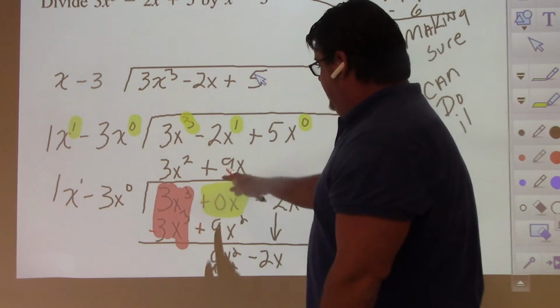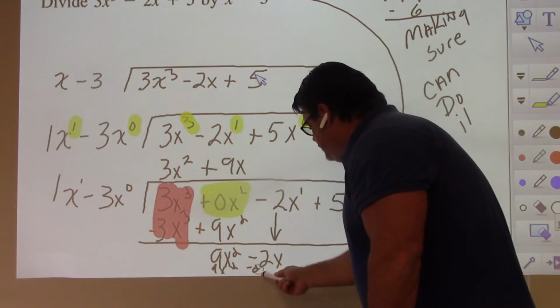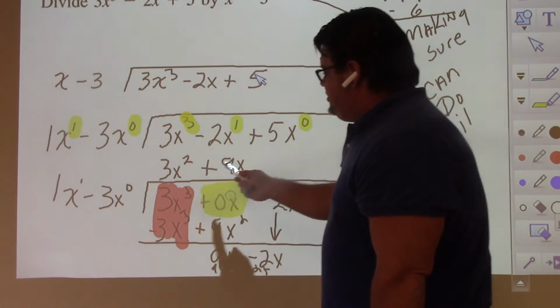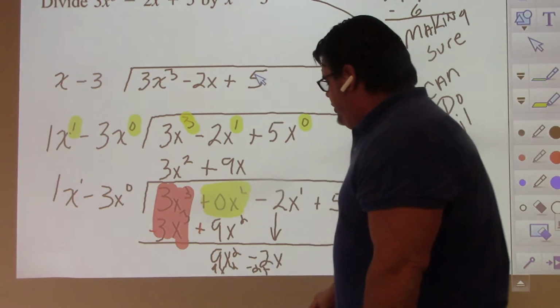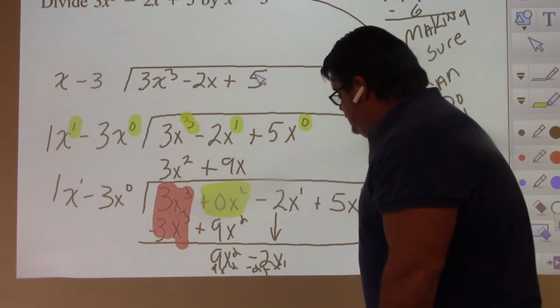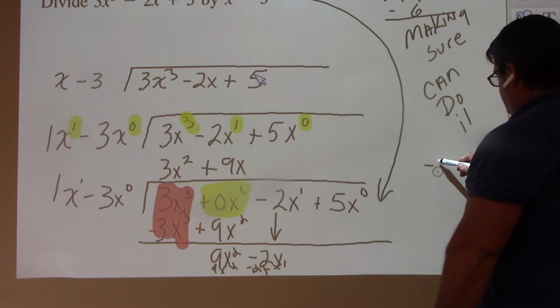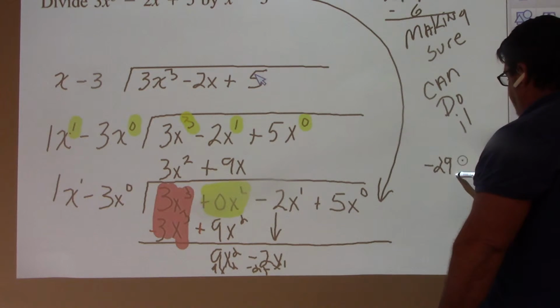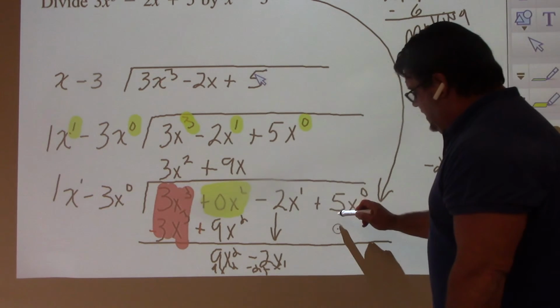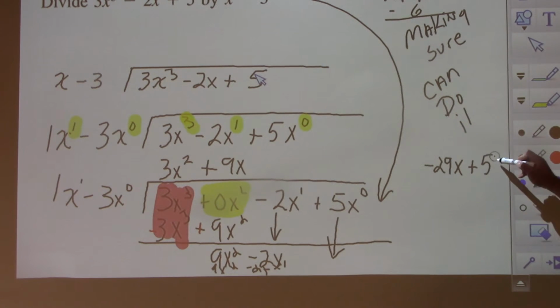Well, let's do it separately. 9 times negative 3 is negative what? 27. And x to the first times x to the 0 is x to the first. And negative 2 minus 27 is what? Negative 29x. And what comes down to help out? 5. X to the 0.